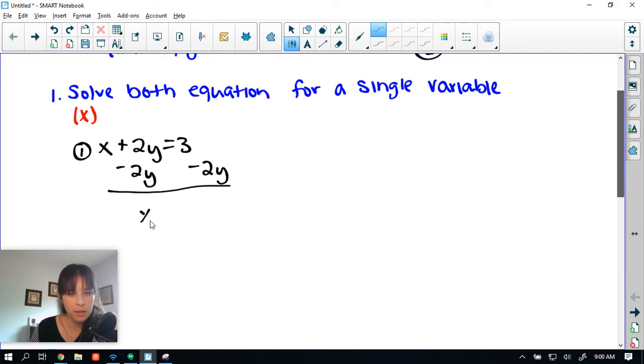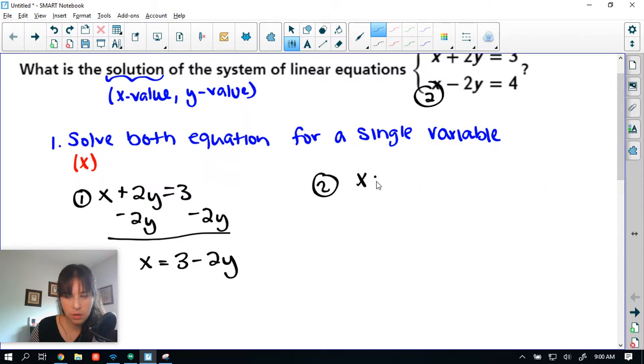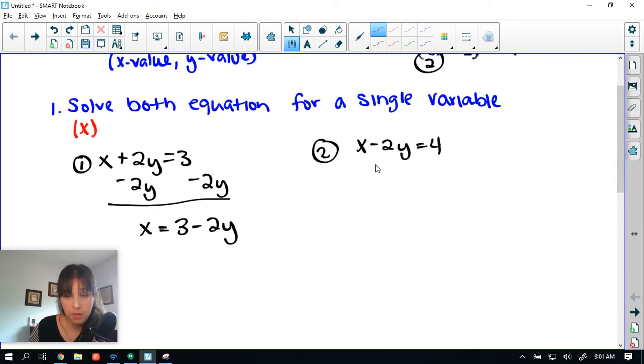And now I get an x equals. And now I've solved for a single variable. I'm going to do the same on the second equation. Add 2y in this case. And then I get x equals 4 plus 2y.